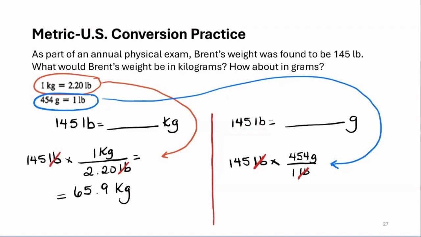So let me just write the calculator display, which is 65830. When I take this value and show it with the correct number of sig figs, I'm going to round to 3 significant figures. That means that the final answer here is 65800 grams.